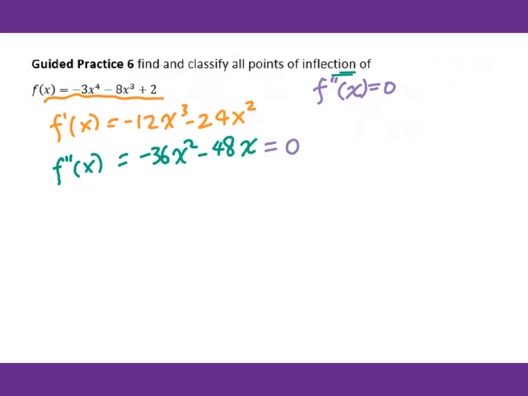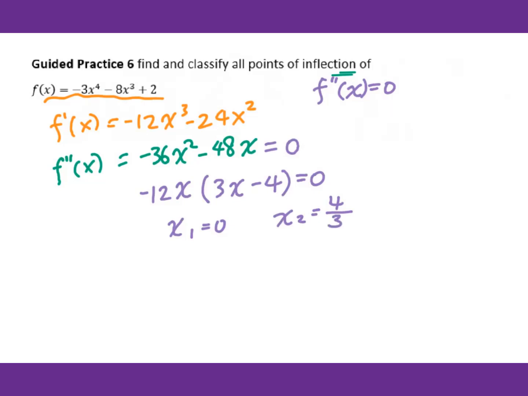Common factor, it will be negative 12x times 3x minus 4 equals 0. Therefore, x1 equals 0, x2 equals 4 over 3. Then check the sign. Let's draw the sign diagram. We have 0 and 4 over 3. Let's check 1.